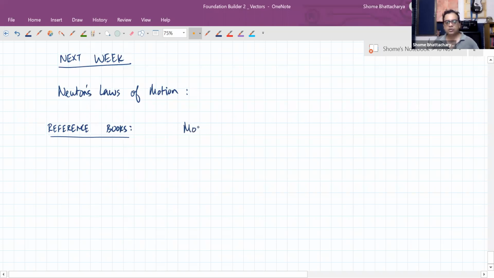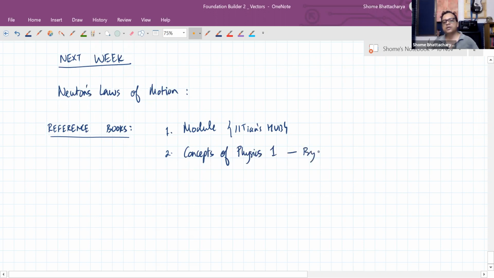So first of all, we'll be using the IIT submodule. Then we will also be using a book, Concepts of Physics, Part 1 by Dr. H.C. Verma.